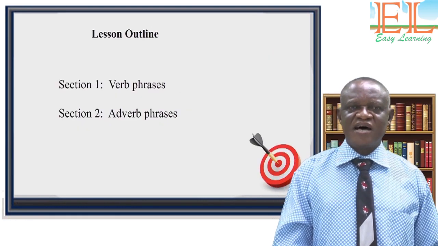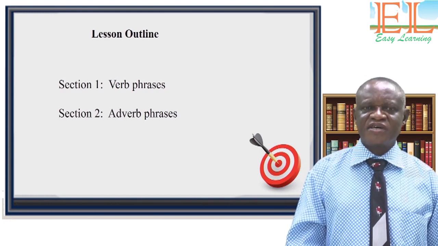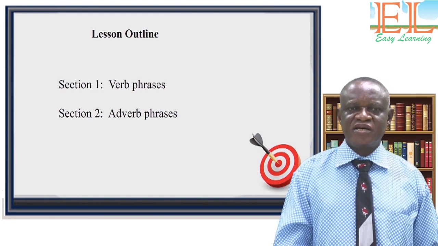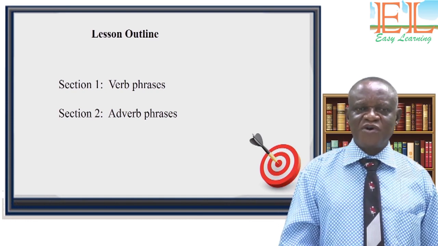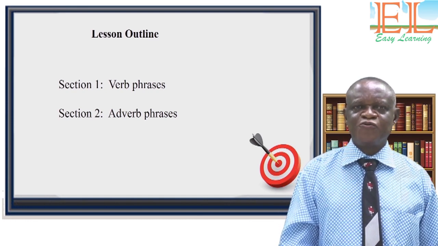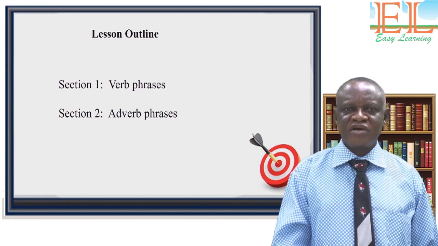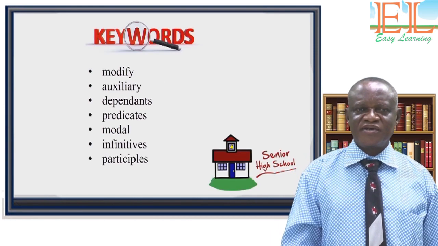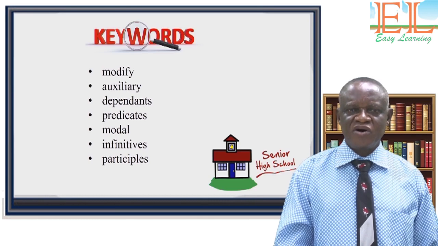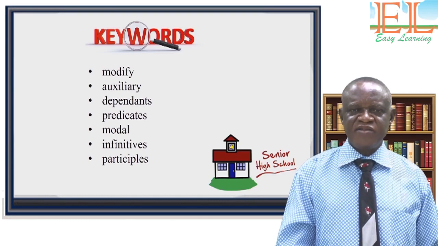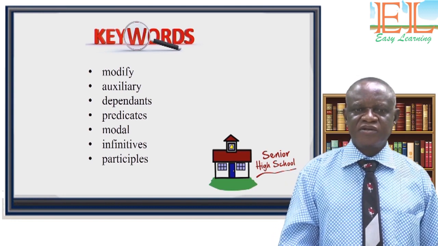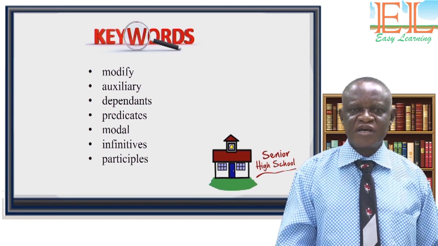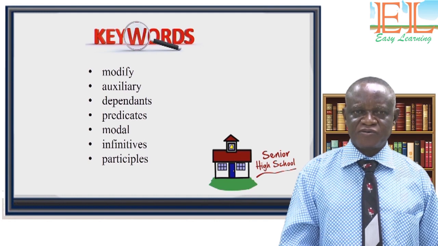This is the lesson outline. In section 1, we shall treat verb phrases and then deal with adverb phrases in section 2. These are the keywords: modify, auxiliary, dependent, predicates, modal, infinitives, and then participles.